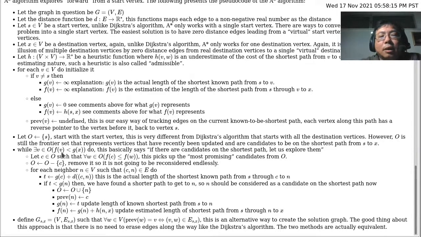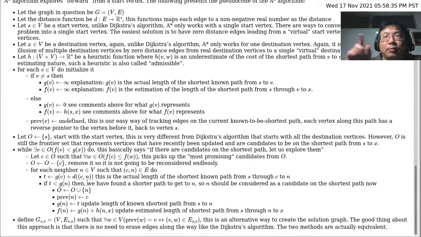As we go through the algorithm, you will find the g values are always decreasing because of the way we set up the conditional statement. We update a g value only because we found a shorter one, a smaller g value.